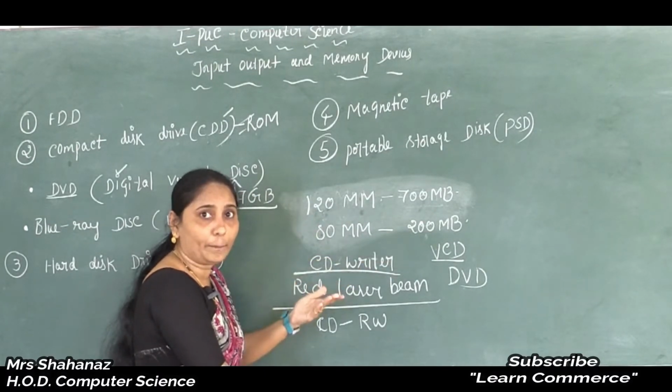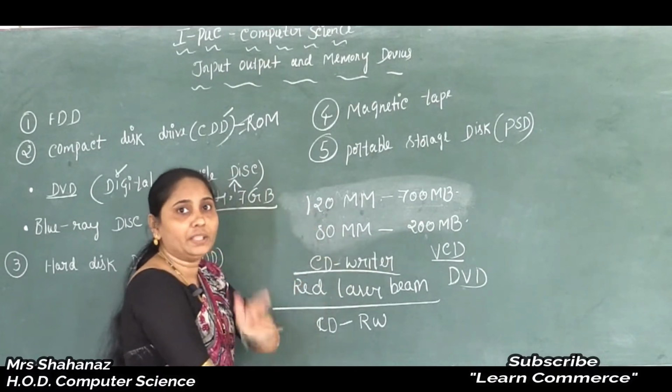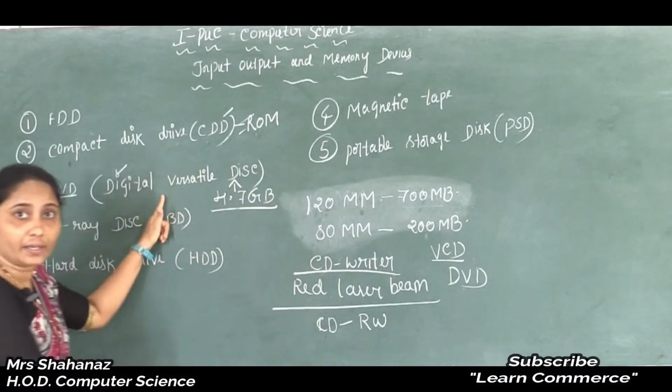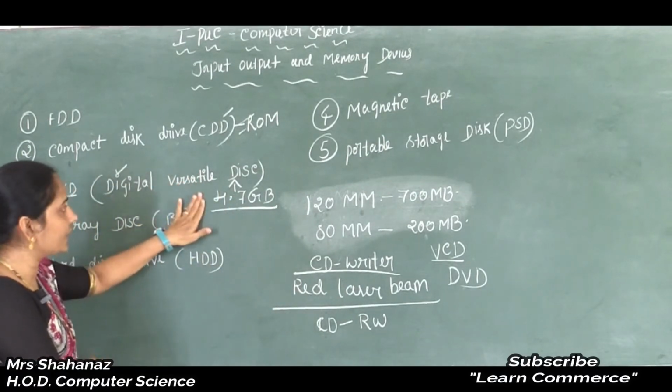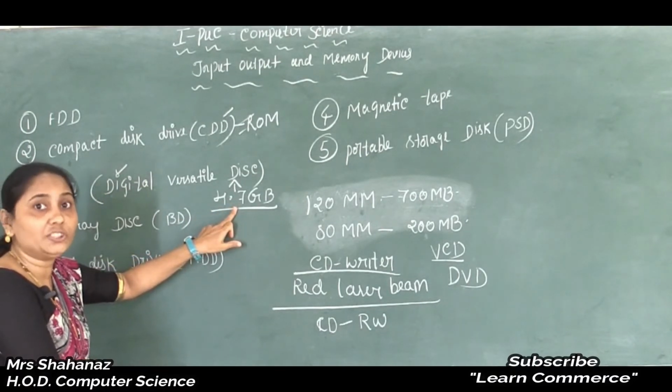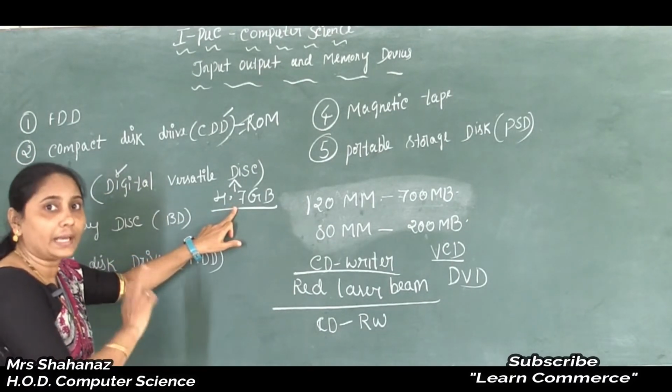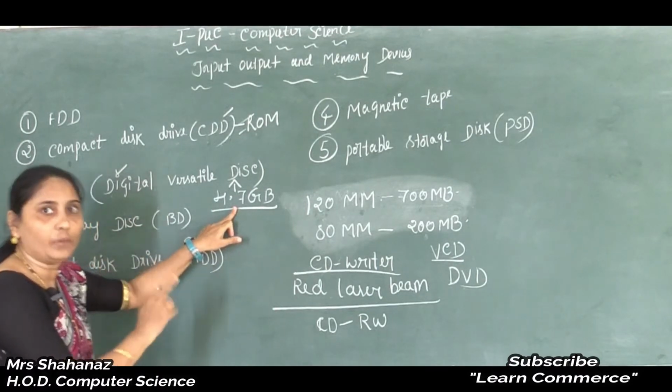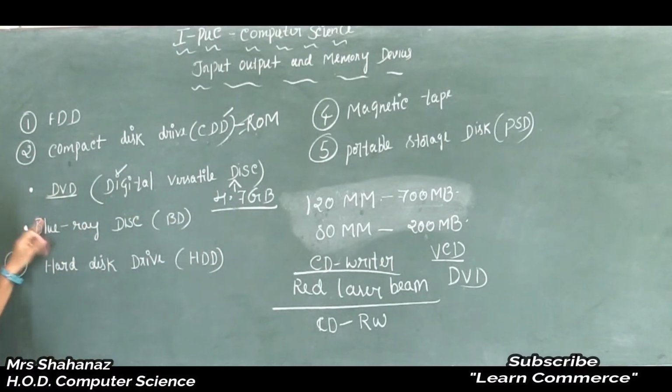When you compare MB and GB, the GB is higher. Clear this point here? So in our DVD we can store 4.7 GB of information, that is 6 times more than our CDs. So this is some information about the DVD.